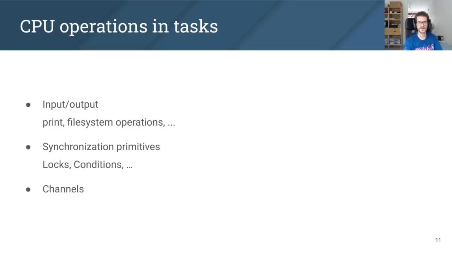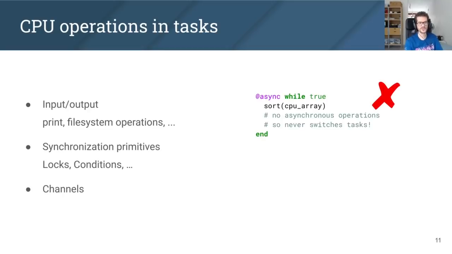Now, many operations are like that. For example, as I've mentioned, any I/O, like the file system or the network. Synchronization primitives like locks or conditions will also perform task switches. And if you want to send or receive data, possibly from another task, you can use channels. But generally, what you shouldn't do is just perform raw compute in a task, since that will starve the single thread of execution.